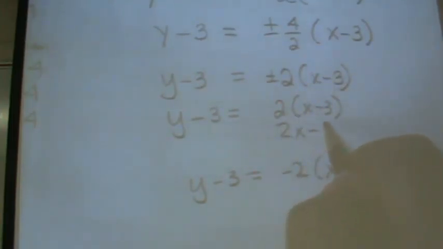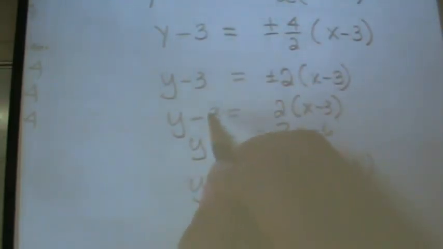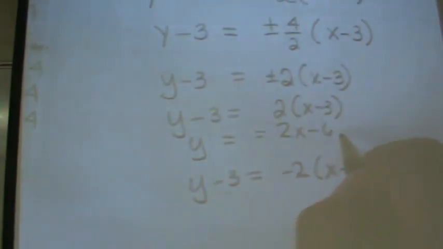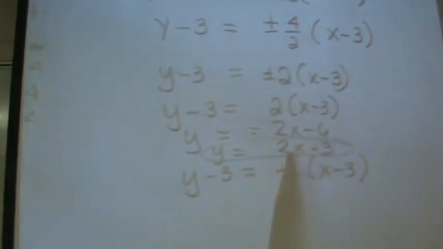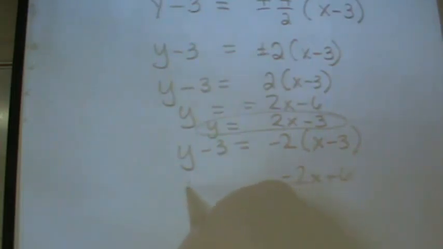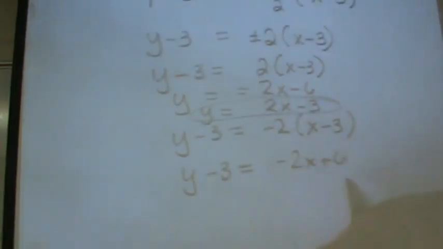So 2x minus 6, and add 3. So if you added 3 here, you'd get 2x minus 3. So one of your asymptotes is that equation, and then negative 2x plus 6, add 3, and that would be the other asymptote.